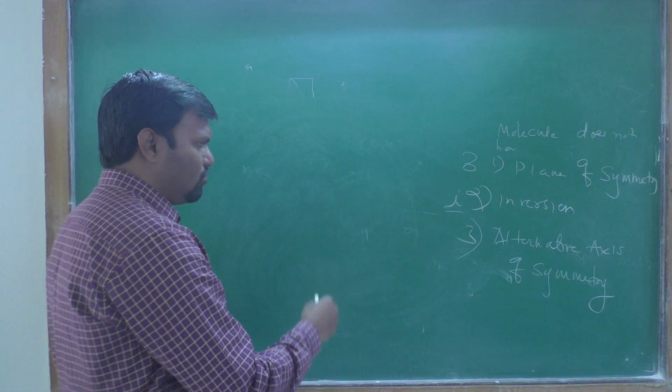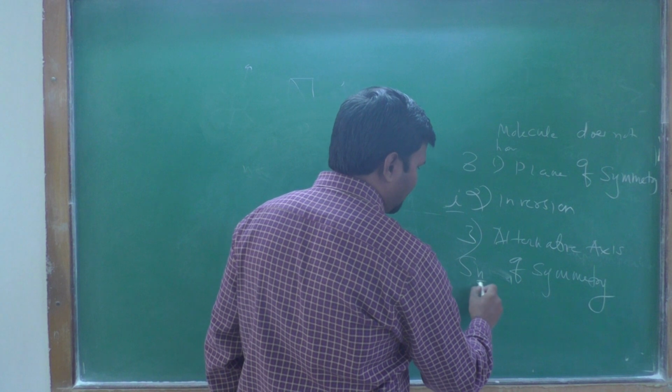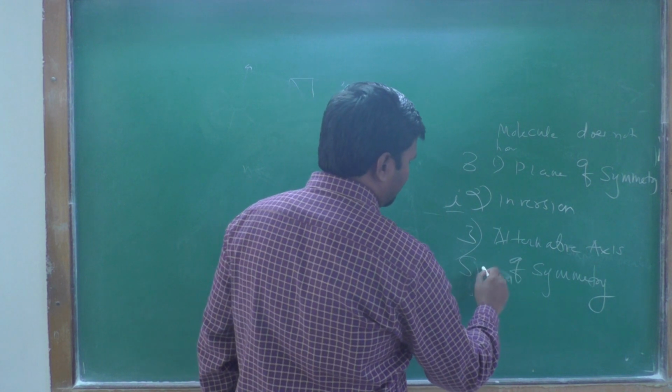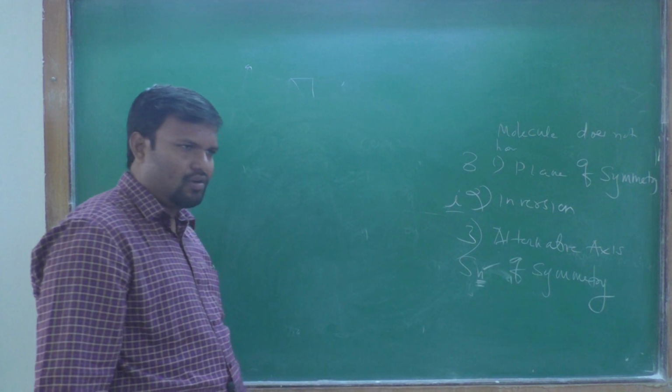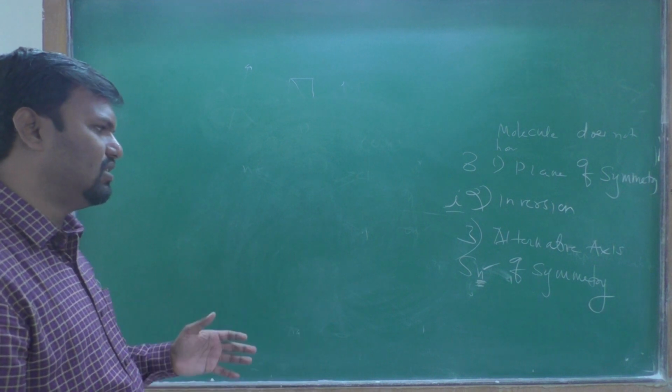This is denoted by Sn. Here S is the symbol, and n is the order of the axis, which depends on the angle you rotate.